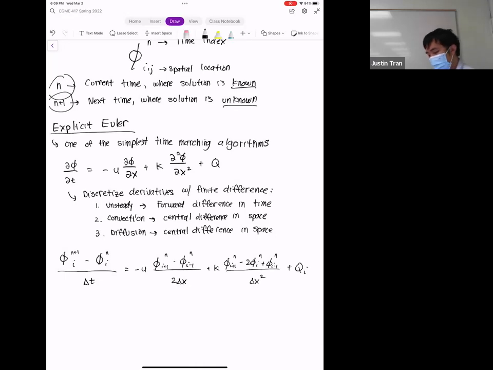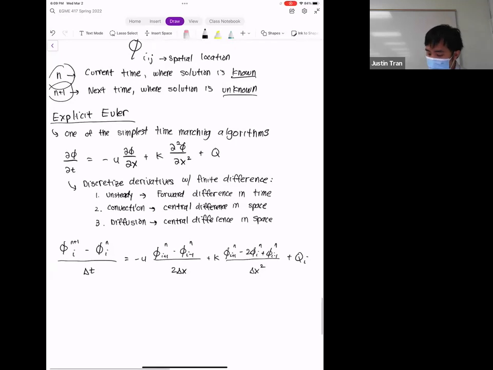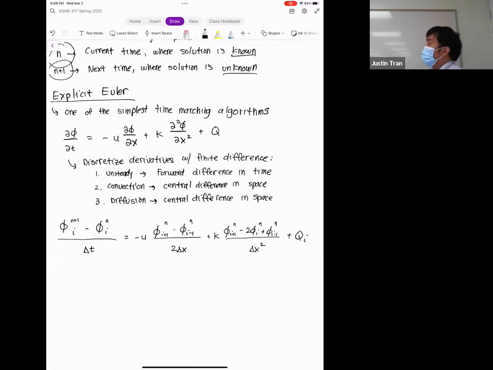Right, and so for our diffusion term, we have our usual central difference scheme, and then we have our source term. Let me give people a chance just to write that down.